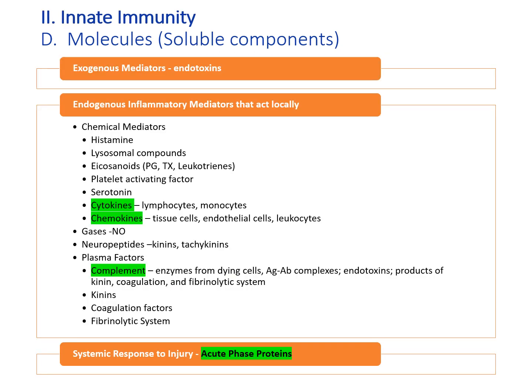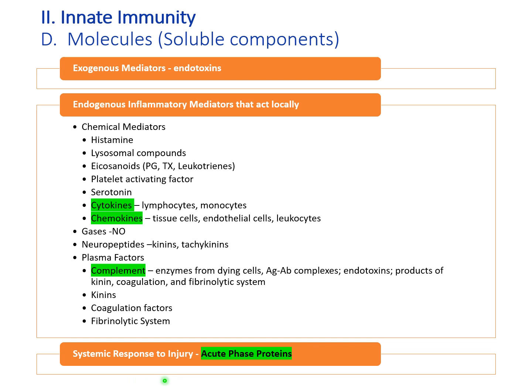Listed here are the endogenous and exogenous soluble components. We will specifically discuss complements, cytokines, and chemokines made by specific cells. These are endogenous soluble components that act locally, but note that there are also acute phase proteins produced as a systemic response to injury.